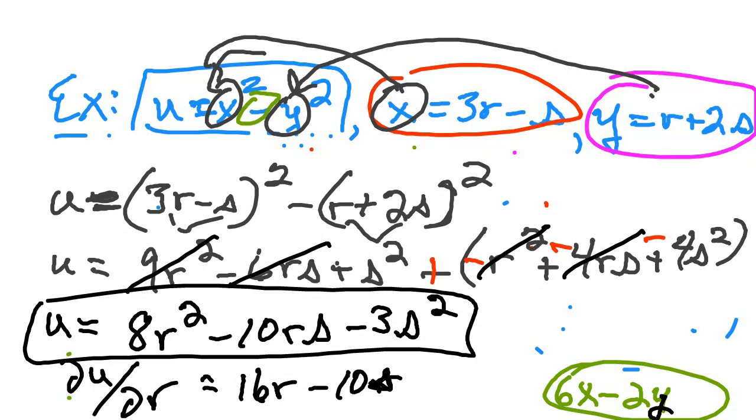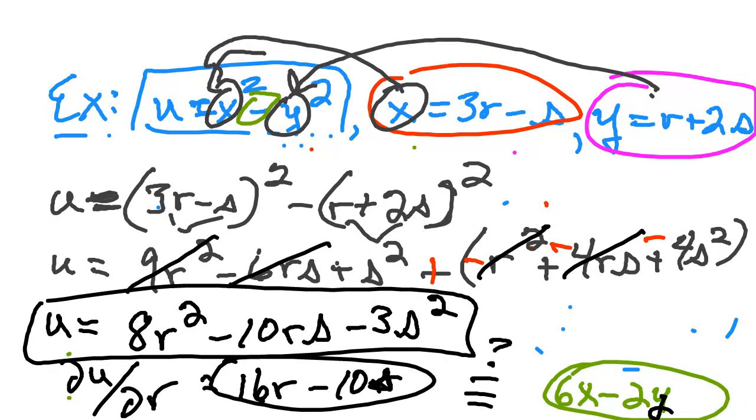Let me just double check on this. So what would we have to do? We would have to go ahead and sub in, right? 16r minus 10s, and anyway, this is a correct answer, but it's in terms of r and s. So if I really wanted to see if these are equivalent to each other, what would I need to do?